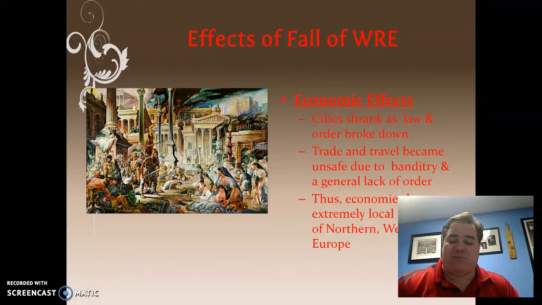This general lack of order is one of the primary reasons why so many people turn to these incoming Germanic chieftains to assert order in a very local sense. Okay, economies become extremely local in most of Northern and Western Europe. There's just not a lot of trade going on because it's so unsafe to travel.